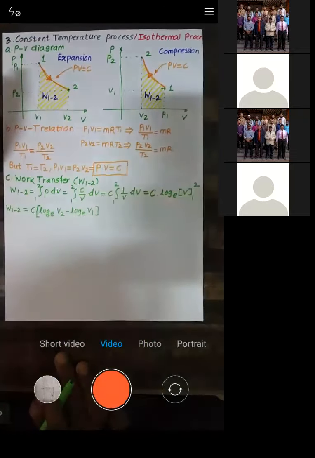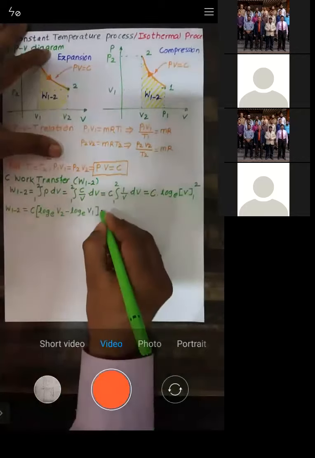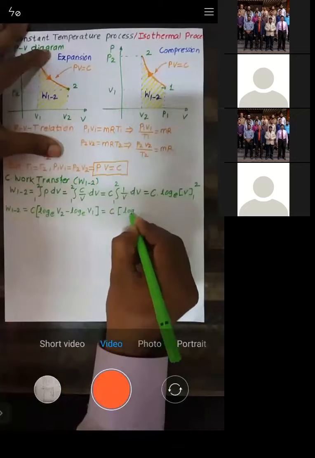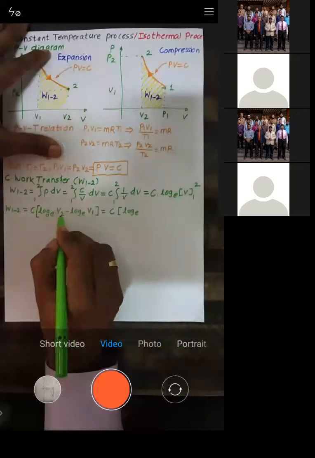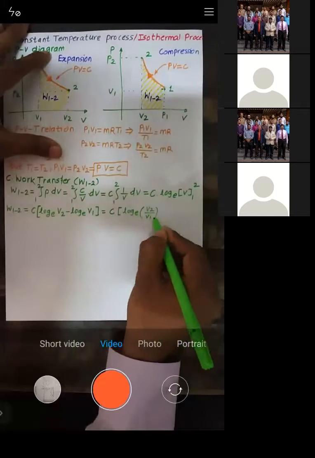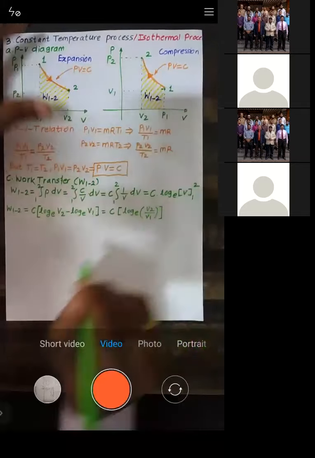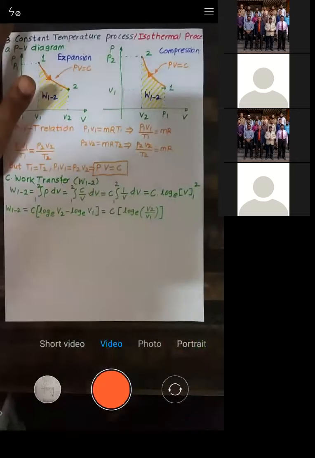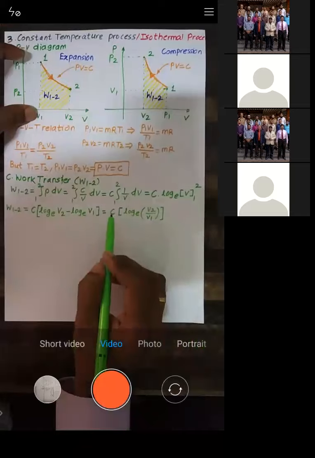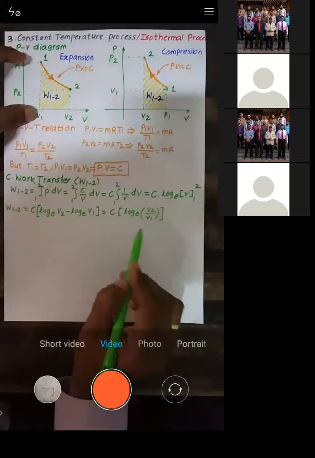So it's log V2 minus log V1. What is log V2 minus log V1? It is log of V2 by V1. So C into log of V2 by V1. So what is the formula for W1 to 2? It is C into log of V2 by V1.